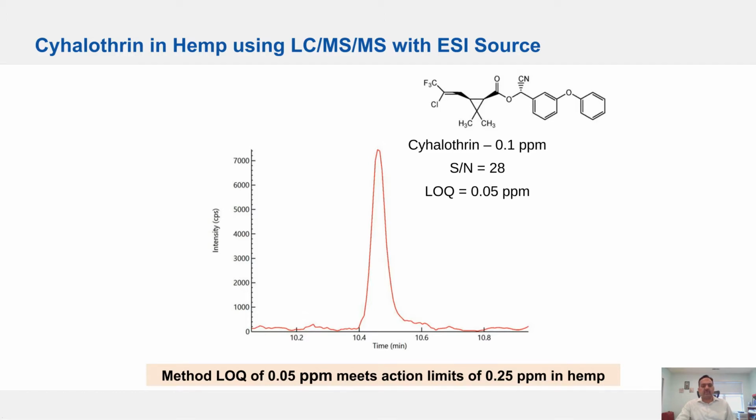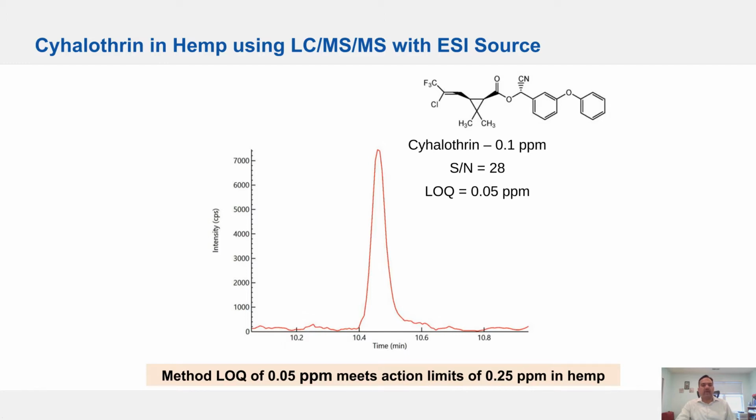If you look at the structure of this compound, you will notice that this compound has very low proton affinity. It is a non-polar compound, so we had to optimize both our ion source conditions and mobile phase composition to improve detection limits for this compound to meet Colorado state action limits of 0.25 ppm in hemp.